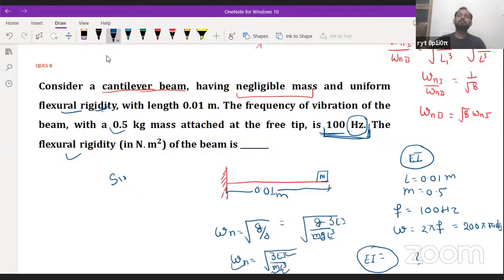And when we talk about 3, 4, 5, 6, 7 and more independent coordinates, all those systems come in the category of multi-degree of freedom systems. Even a 2 degree of freedom system is also a multi-degree of freedom system, but in the vibration chapter, it is mentioned as single degree of freedom, 2 degree of freedom, and multi-degree of freedom. We will never discuss 3, 4, 5. We will consider all these 3, 4, 5 independent coordinate systems as multi-degree of freedom systems. Is it okay? So this is all about the multi-degree of freedom system.